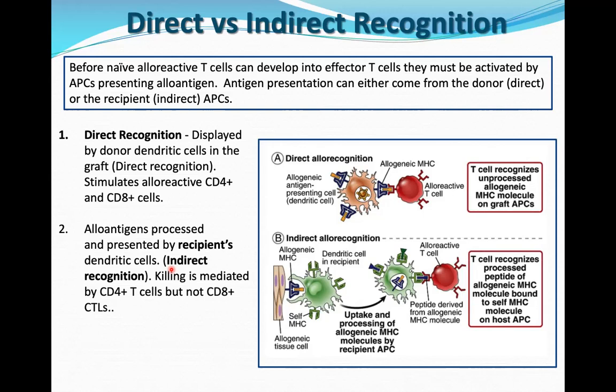But in indirect recognition, where the recipient's dendritic cells are picking up the donor's HLA and presenting it to the recipient's T cells, essentially only the T helper cells are activated, not the cytotoxic T cells. And so rejection occurs through cytokines only, and not through cytotoxicity.